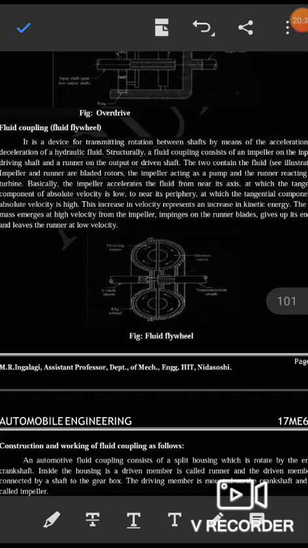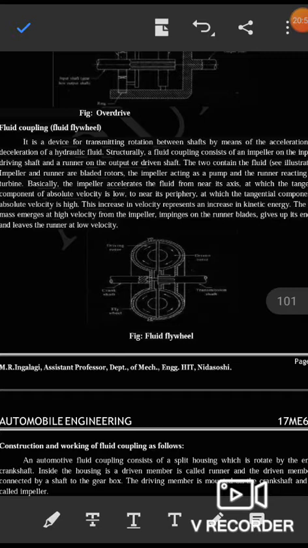It is a device for transmitting rotation between shafts by means of the acceleration and deceleration of hydraulic fluid. By acceleration and deceleration, we can transmit rotation between shafts.